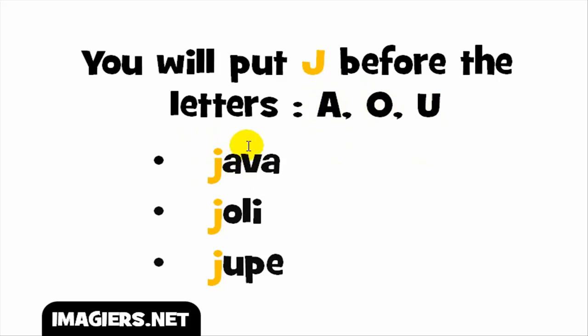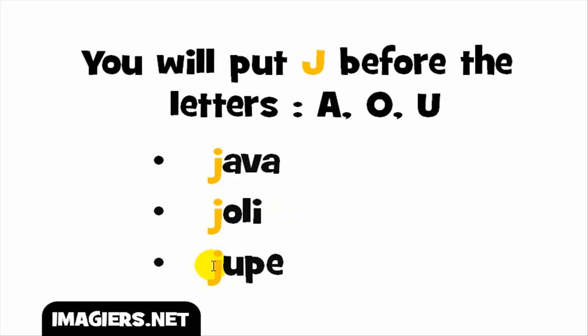Okay, so the first one goes like that, and it's J-A, so you get the sound ja, ja, okay, and the full word goes like Java, okay, Java, all right. Second option, J-O, so jo, jo, okay, and the full word goes like joli, joli, okay.